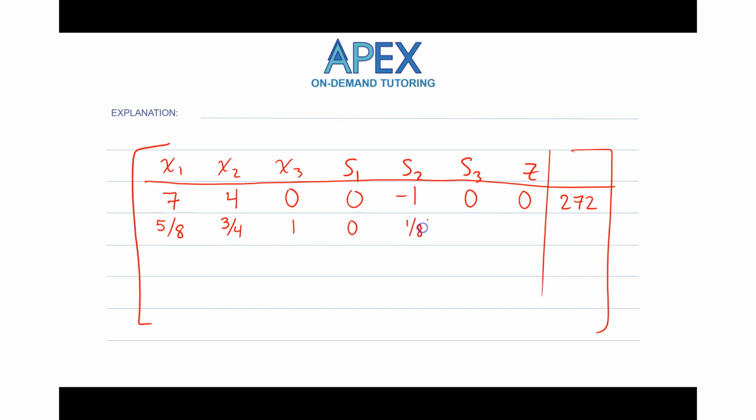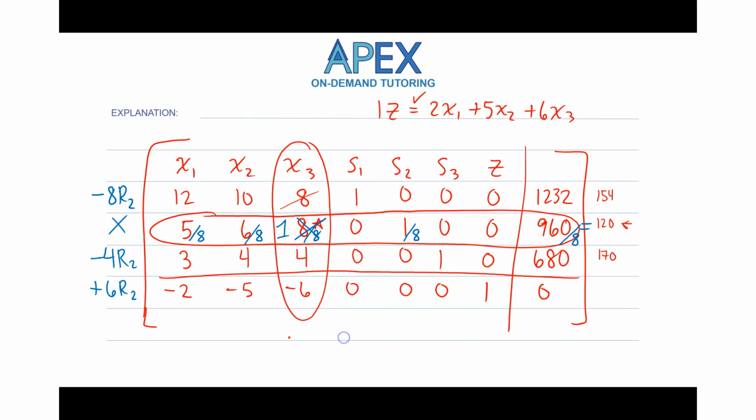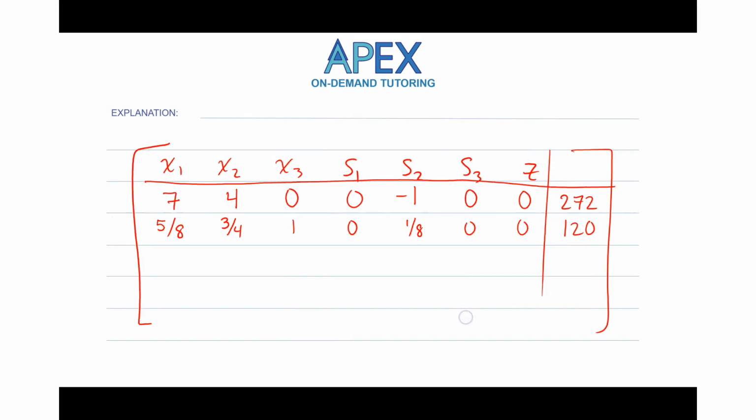I have a 1/8 right here, a 0 and a 0, and then this was 120. For our third row, we're subtracting 4 times r2, and that's going to land us with 1/2, 1, 0, 0, -1/2, 1, 0, and 200.